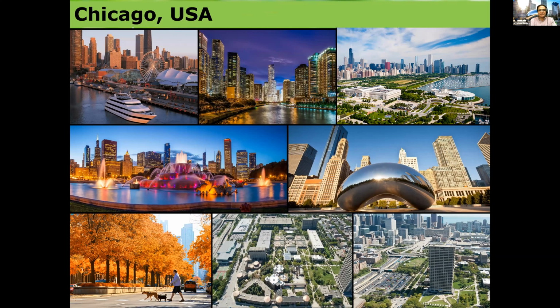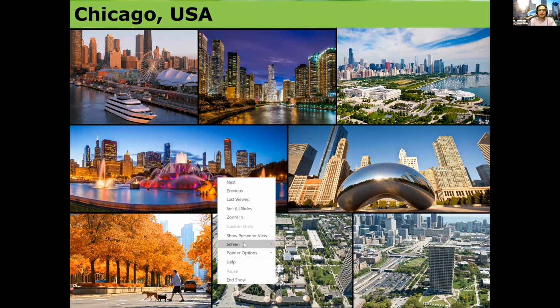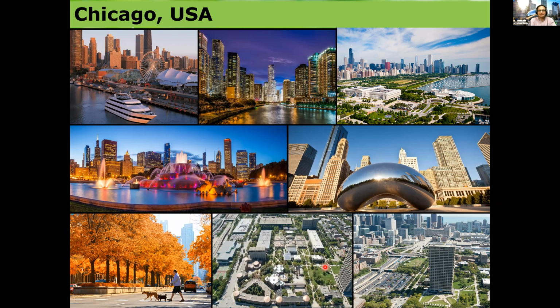For civil engineers, this is a city you can visit and admire what infrastructure is and what the environment should be like. The last two slides you see here are my university campus, so you are more than welcome to visit the next time you come to Chicago, US.